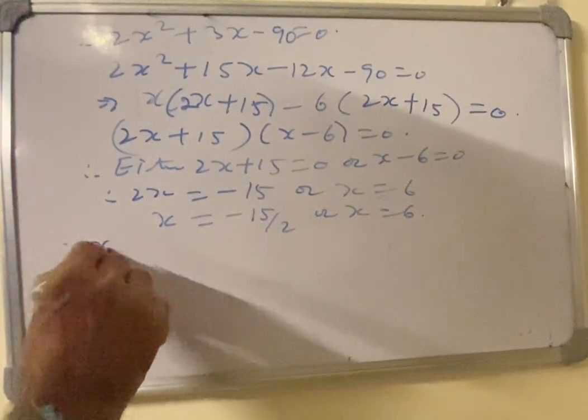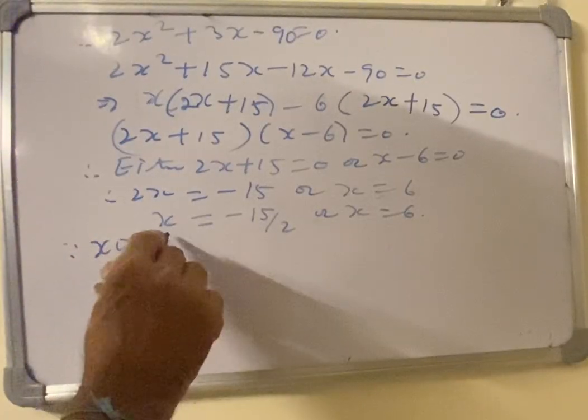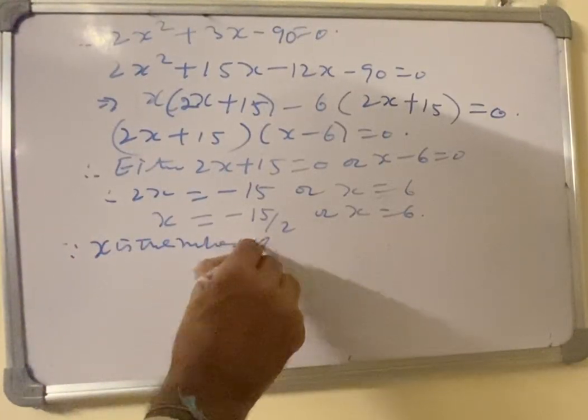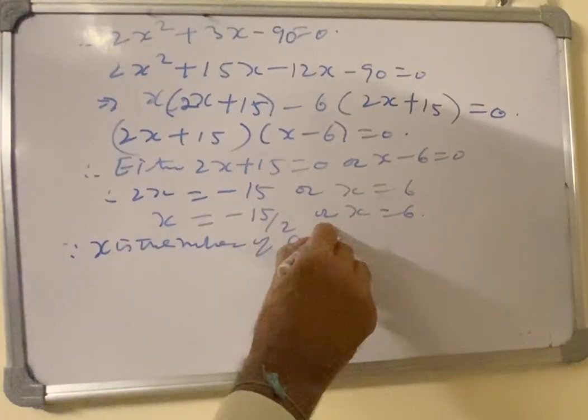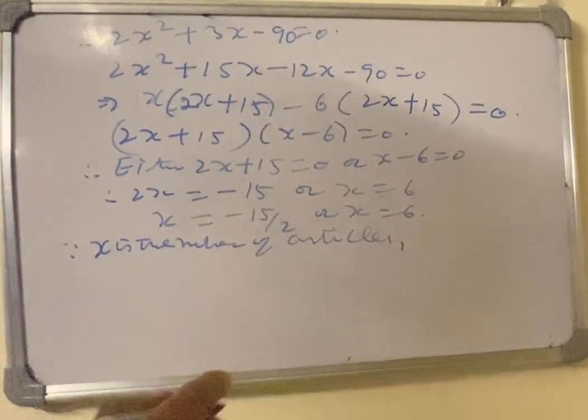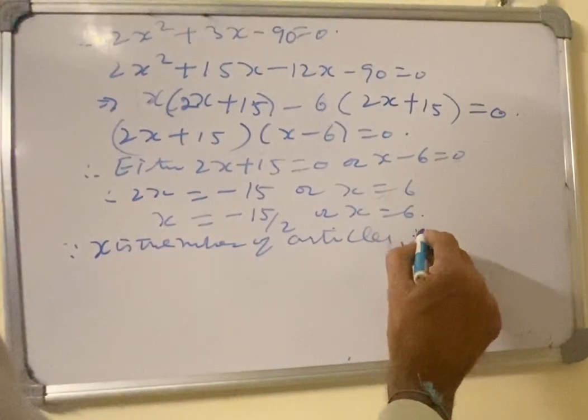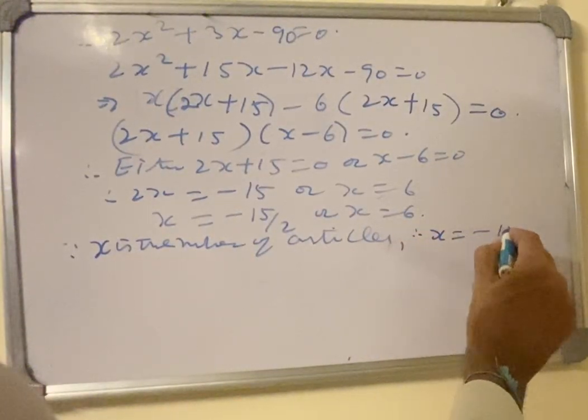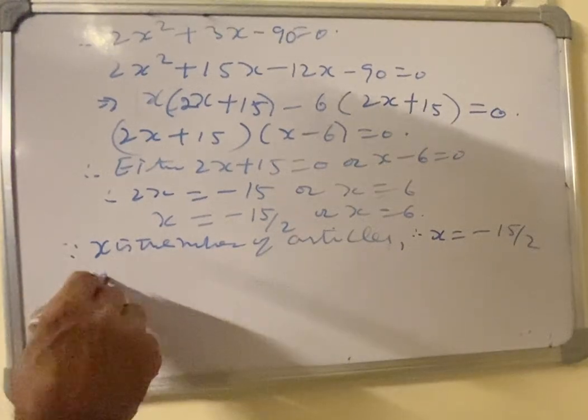Since x is the number of articles, and the number of articles cannot be negative, therefore x equal to minus 15 by 2 is rejected.